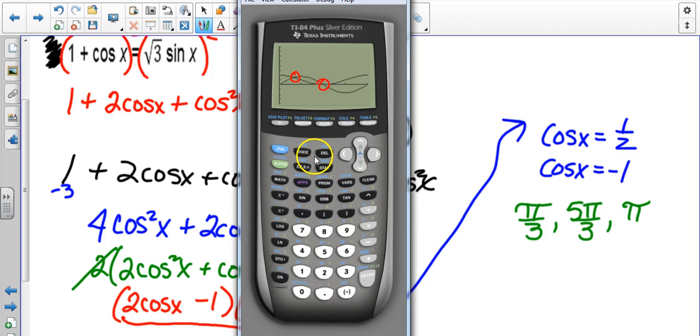Which one do you think we might be able to throw out? If this is 0 to 2 pi, it looks like the furthest over they intersect is at pi, right? And this one is past there. All right, if I clear the ink off this, and I test, go trace 5 pi over 3.